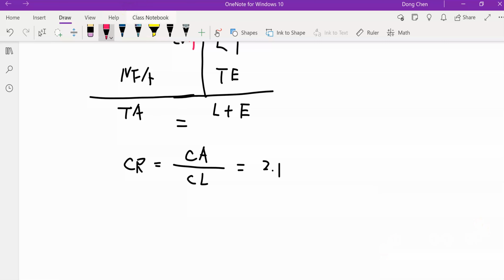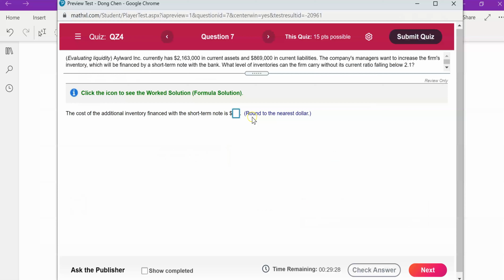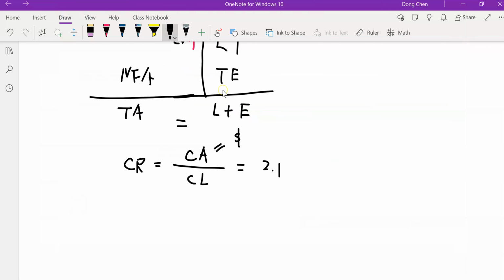With that knowledge, going back to this setup, current assets initially are 2 million 163,000, and the current liabilities are 869,000.